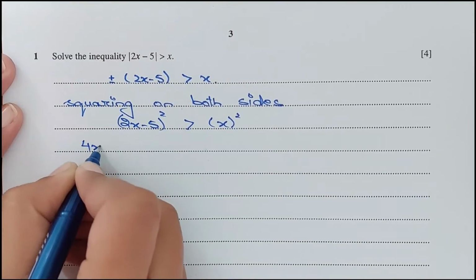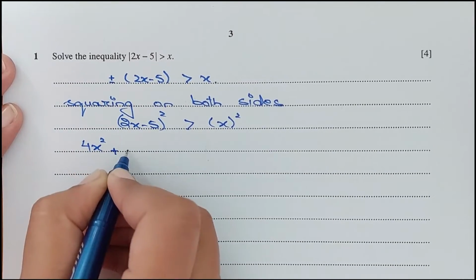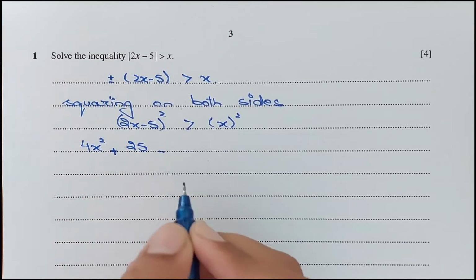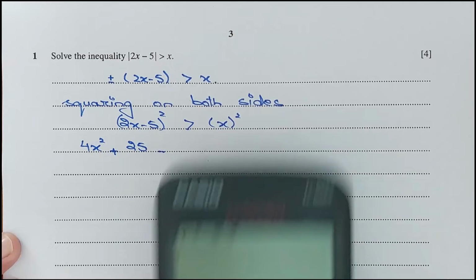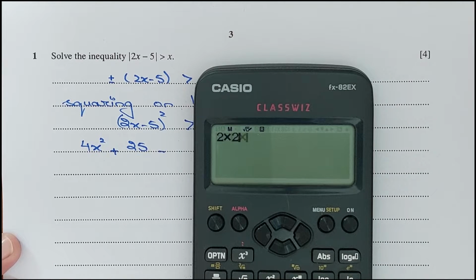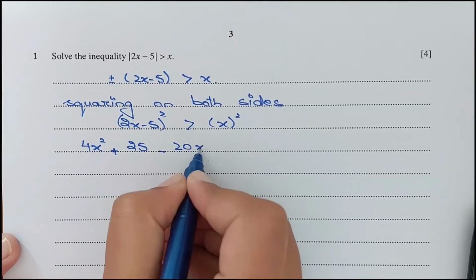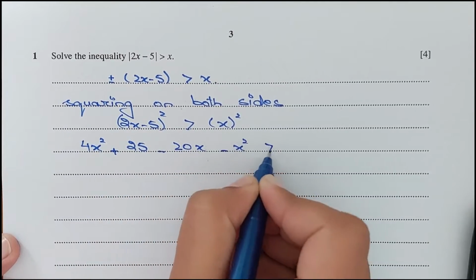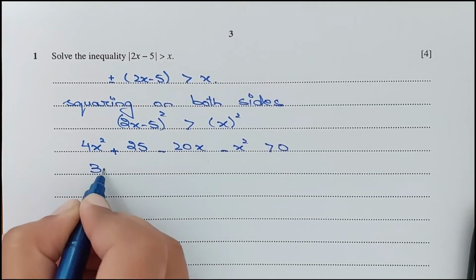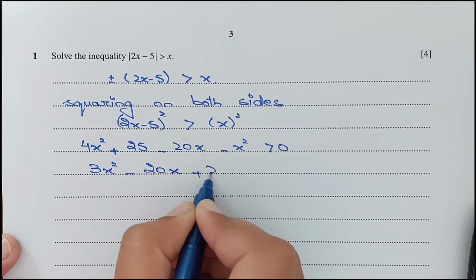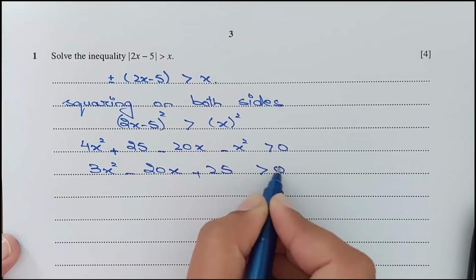This is 4x squared plus 25 minus 2ab. Let me calculate 2ab: 2 times 2x times 5, which is 20x. So minus 20x and minus x squared, this is greater than 0.